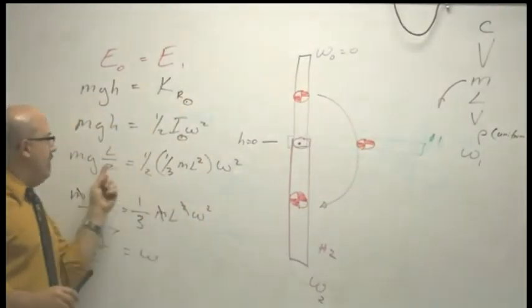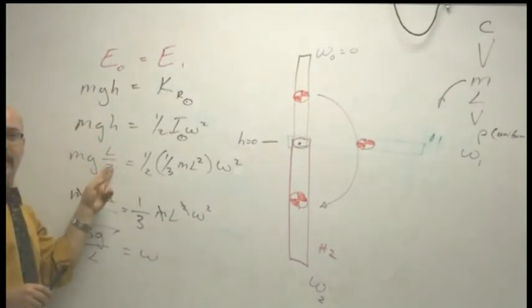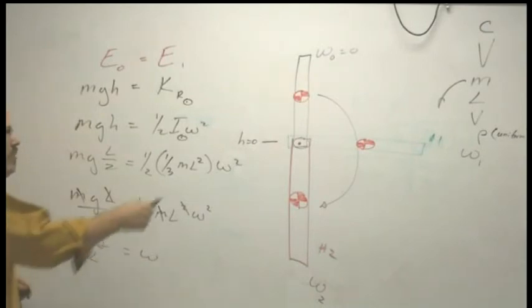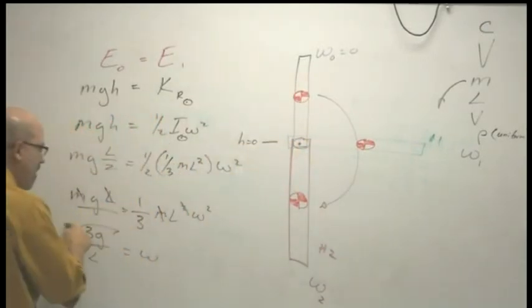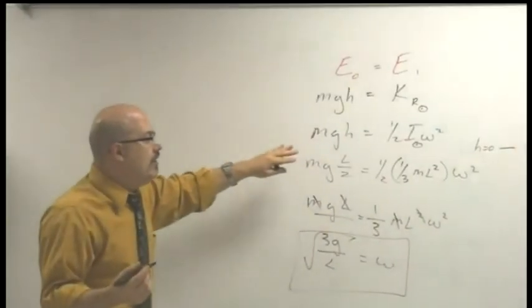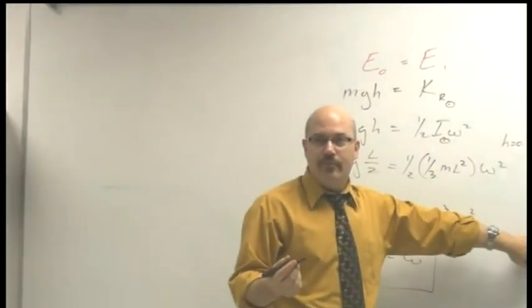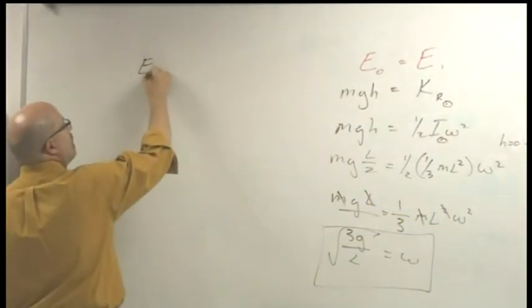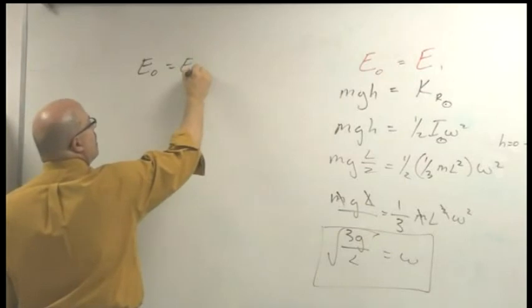Now, you see how this L over 2 will change as we move to a new location. So when we're here, this is our angular velocity. Now, what's our angular velocity going to be at the bottom? 0. Well, you could use the same equation or you could change your h.